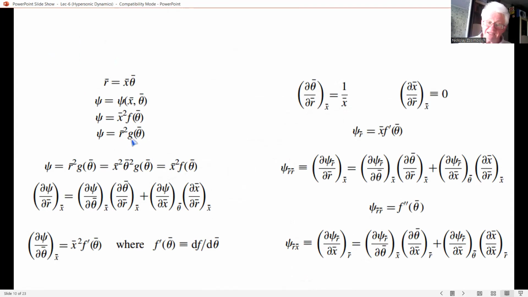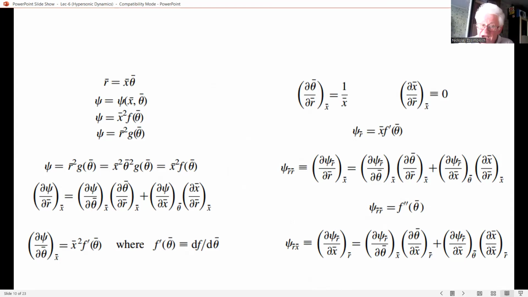It makes sense to define it as a stream function, where r average squared is proportional to the area, and the second component, g of theta, yields the flow properties necessary to complete the mass flow expression.